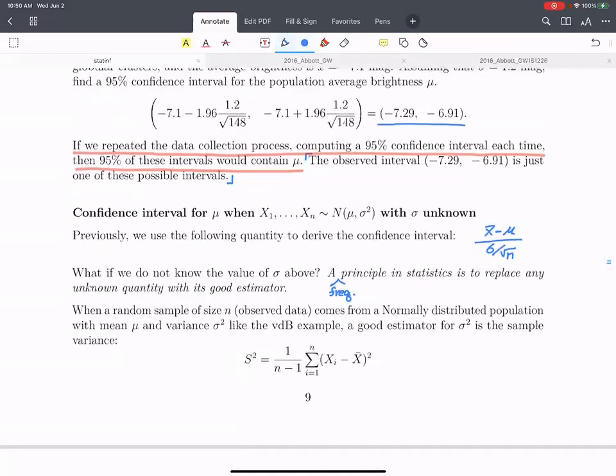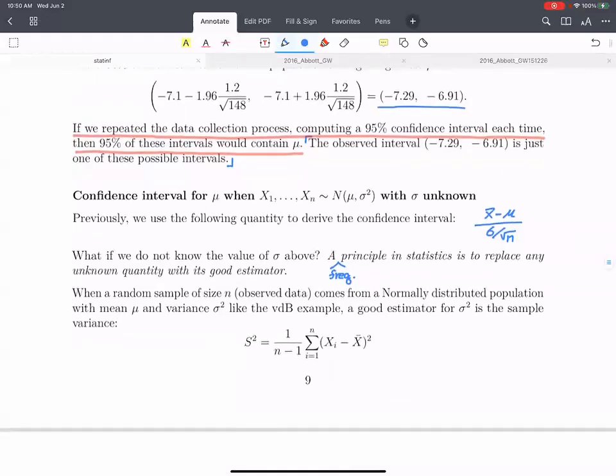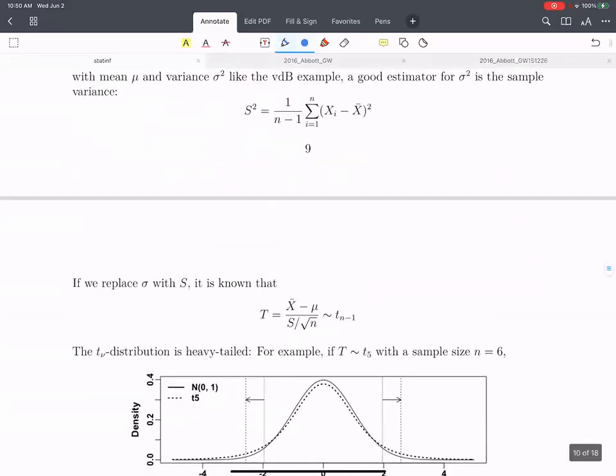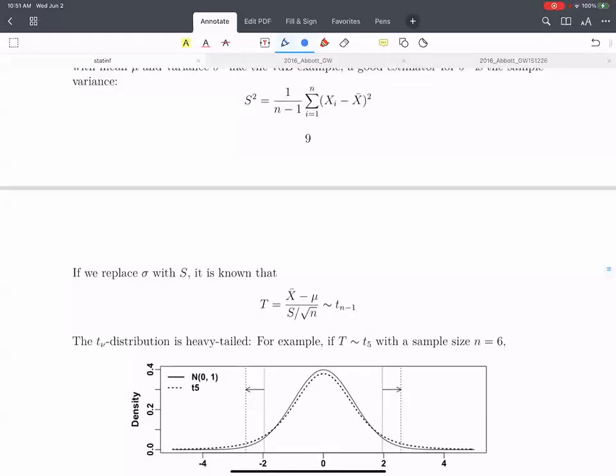If the data are coming from a normal distribution, we typically use the sample variance as a good estimator for the population variance. Sample variance is defined as the sum of squared errors of each datum from the sample mean, divided by n-1. If we replace sigma with the sample standard deviation, the square root of the sample variance, then the quantity will follow a t distribution with n-1 degrees of freedom.